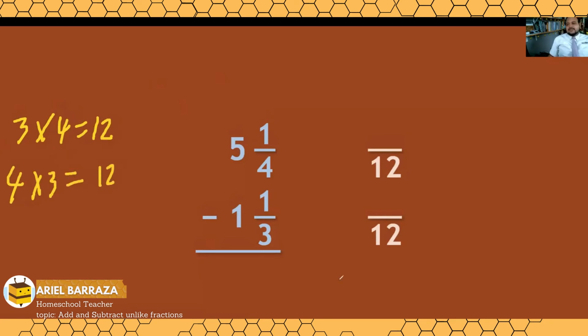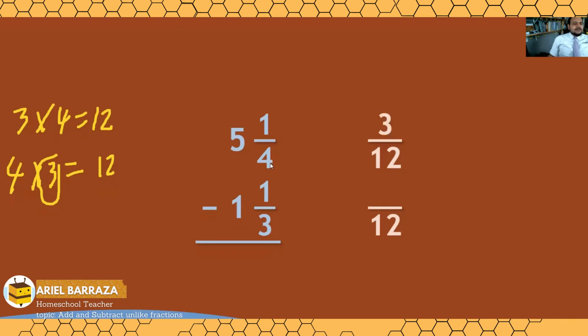You got it? Okay, so now this is my question. Because this fraction is in fourths, how many times do you need to multiply 4 to get 12? It is 3. So you will multiply that times 3. So 1 times 3 is 3, and 4 times 3 is 12. That's it.